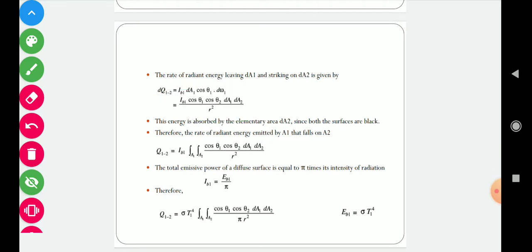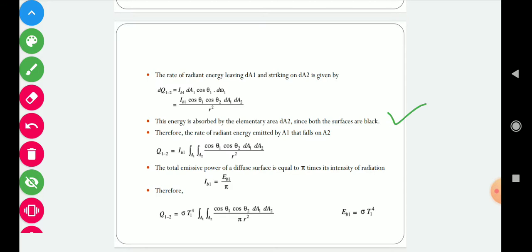Now this is absorbed by element area dA2, because this is the rate of radiation energy leaving dA1 and striking dA2. This energy will be absorbed by dA2 because this is a black body, so whatever energy strikes that surface will be absorbed by it. So the energy is absorbed by element area dA2 since both surfaces are black.